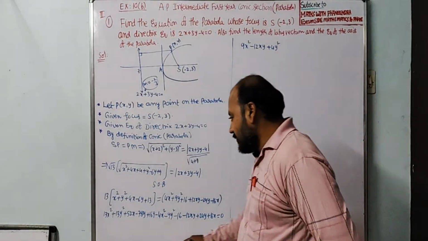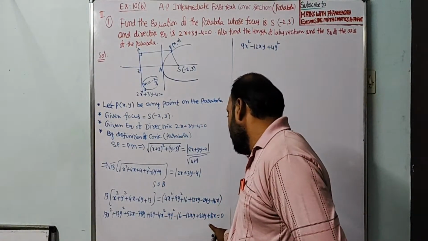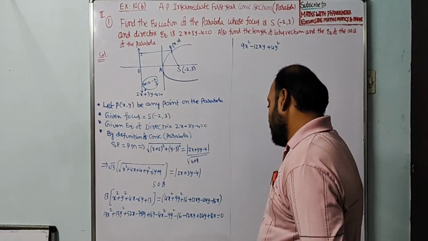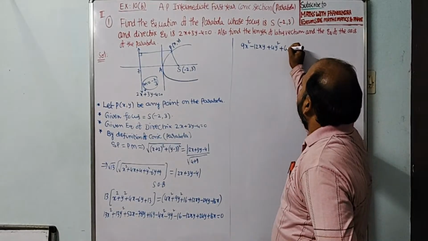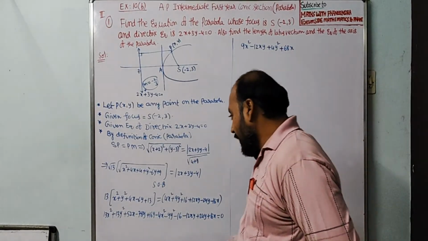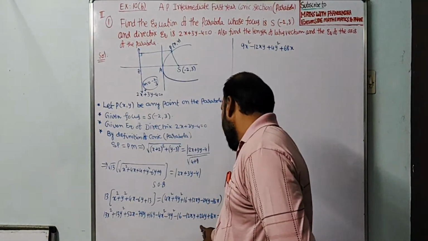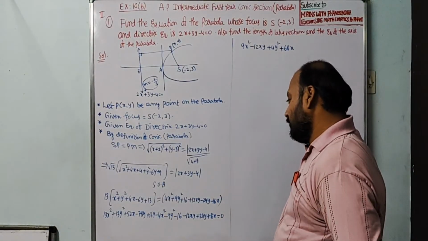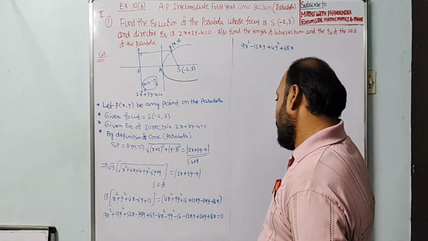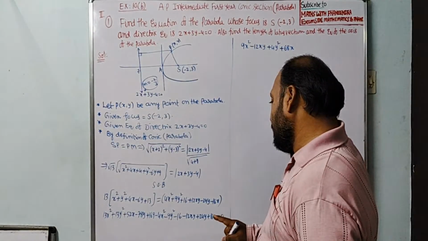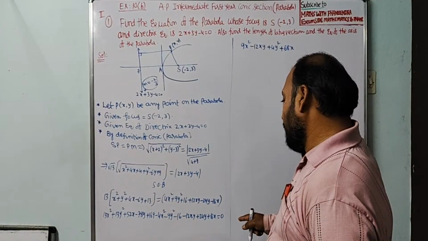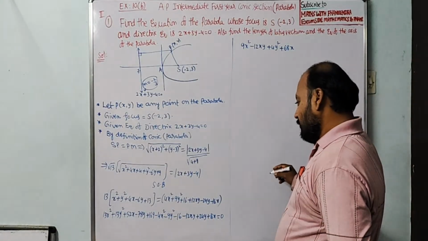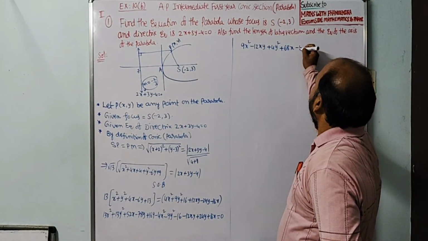Next x terms: 52x plus 16x, 68x. Next y terms: minus 78y plus 24y, minus 54y.